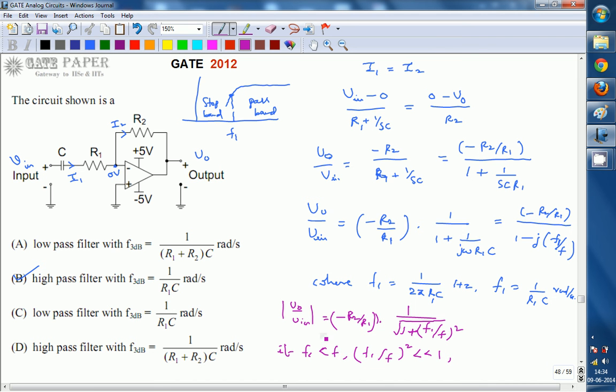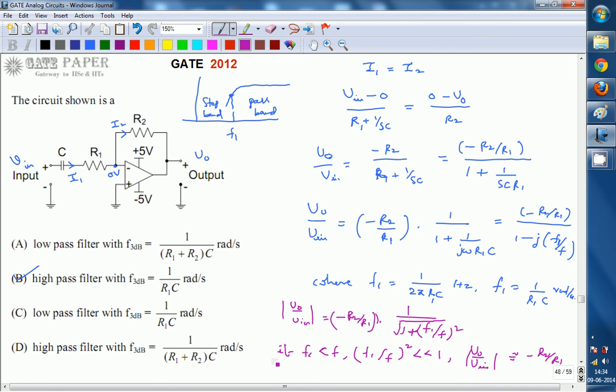If it is greater than the cutoff frequency f1, then f1 by f is small and its square is very small compared to 1. By that time you get the gain v naught divided by v in approximately equal to minus R2 by R1. That is the gain provided by the circuit whenever the input signal frequency is greater than the cutoff frequency. So all frequencies above f1 can be passed, from this expression.